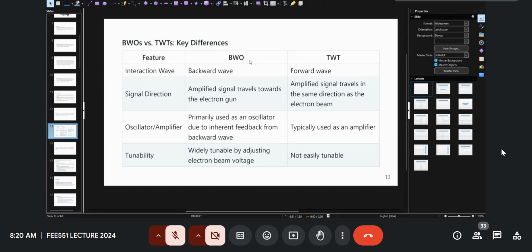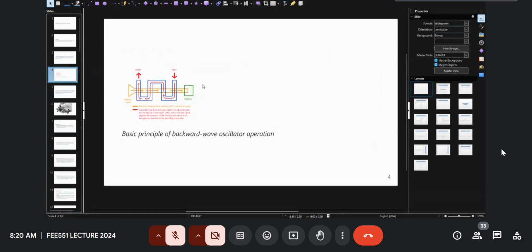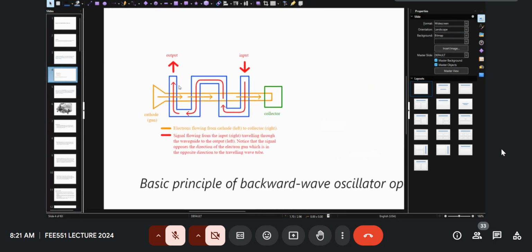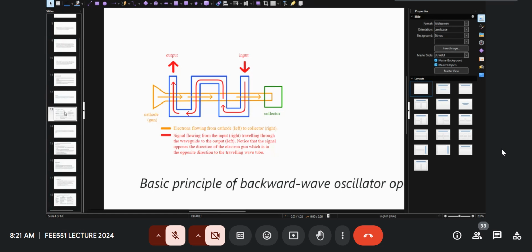Remember from the drawing that the amplified signal travels towards the electron gun. I'll just go back to that slide again. You can see here in the BWO, this signal is going in this direction, towards the left of this slide, to the cathode. You can tell that quickly.